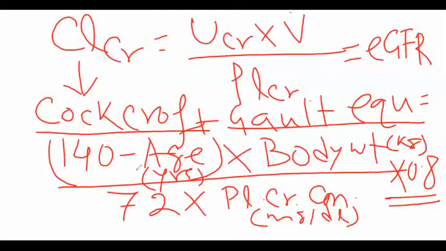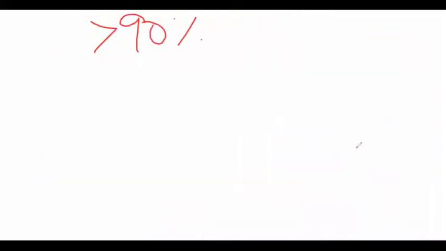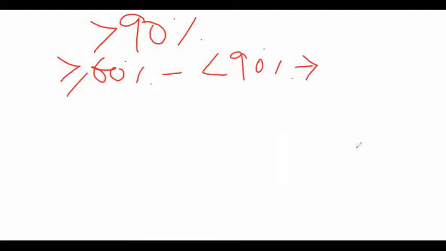What is the normal GFR? As we all know, it is around 125 ml per minute or 180 liter per day. Normally GFR is more than 90% in normal human beings, and we can grade chronic kidney disease depending upon the GFR value. If it is more than or equal to 60% and less than 90%, it is seen in mild chronic kidney disease.